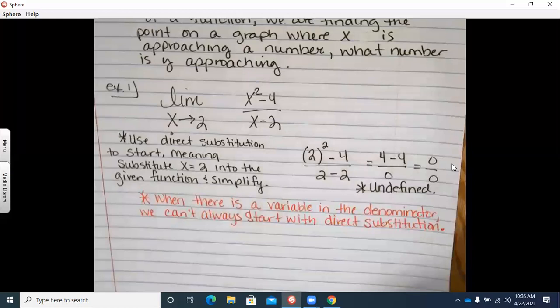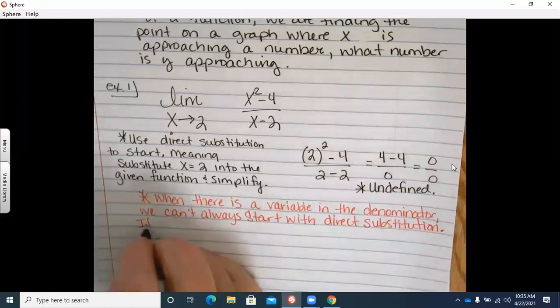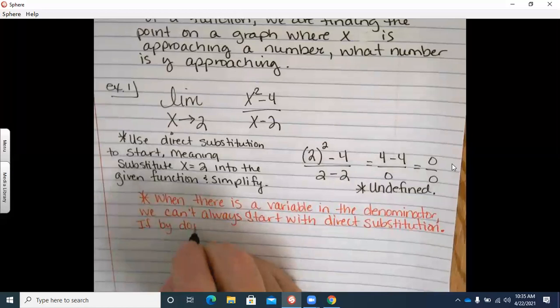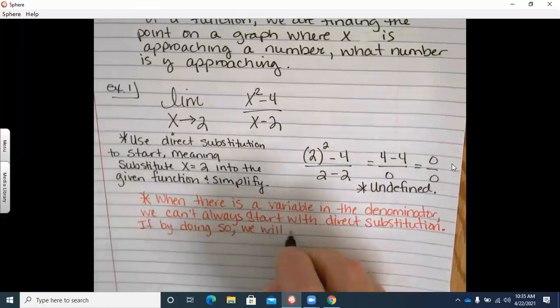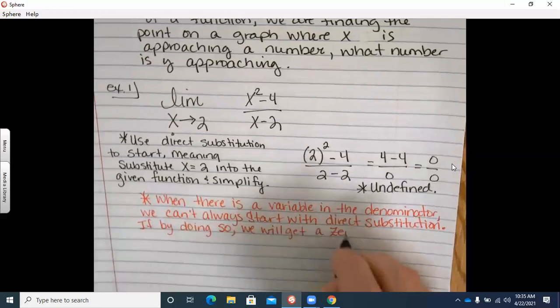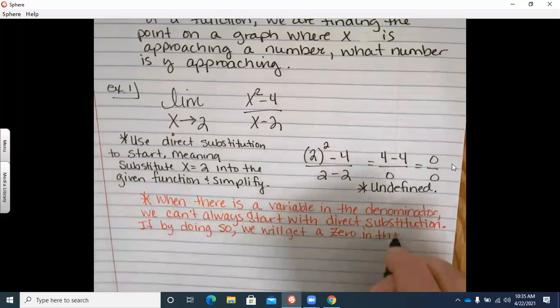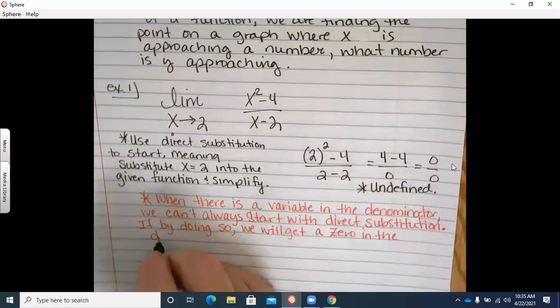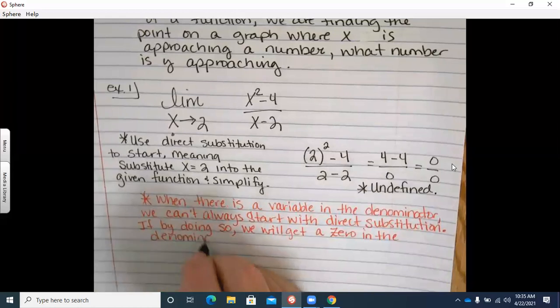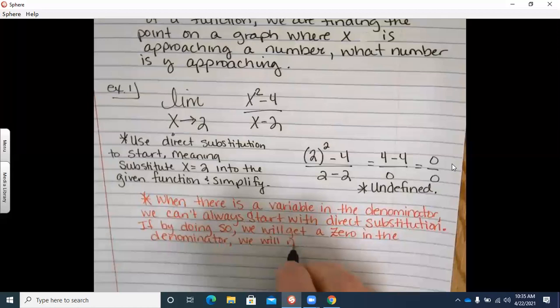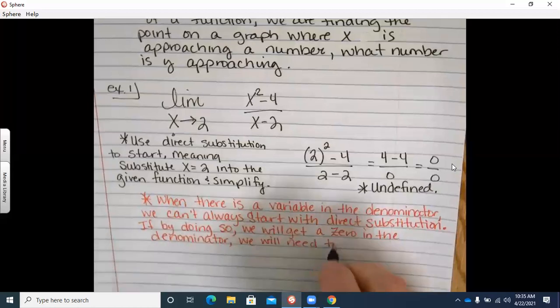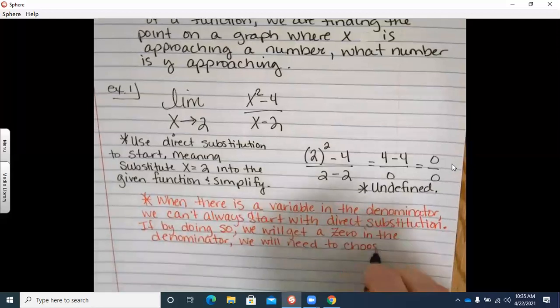If by doing so, we will get a 0 in the denominator, we will need to choose a different method.